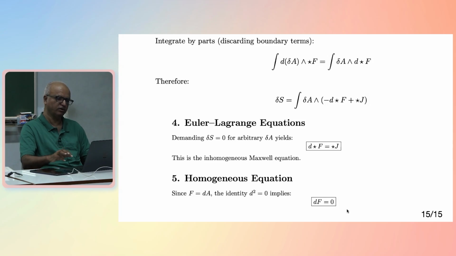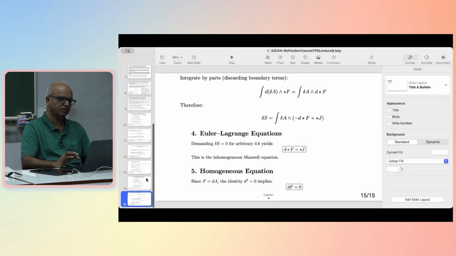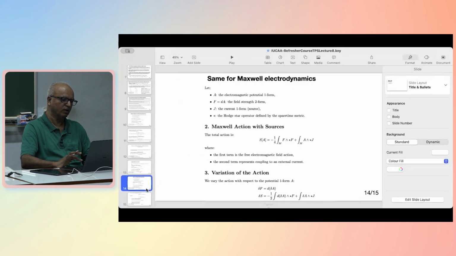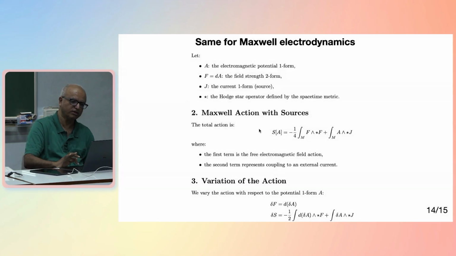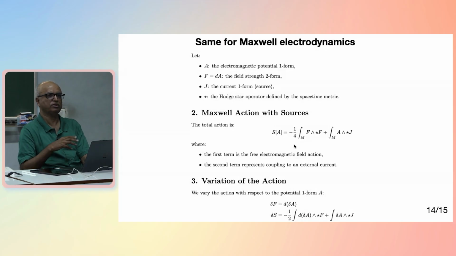So now we have completed our differential geometry program. We have written both Einstein equations as well as general relativity, the field equations as well as the action principle, in the form of differential geometry, which is what we set out to do a few lectures ago.